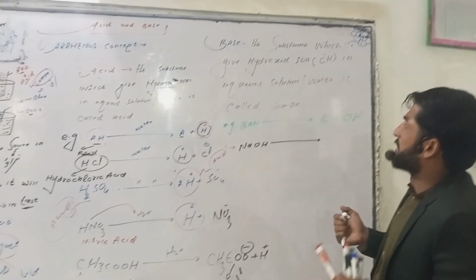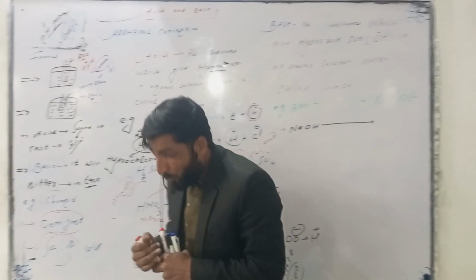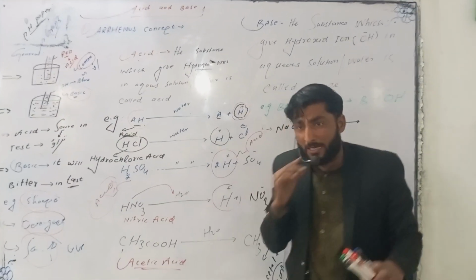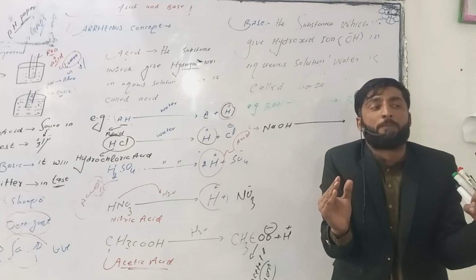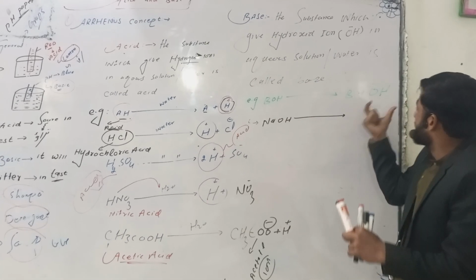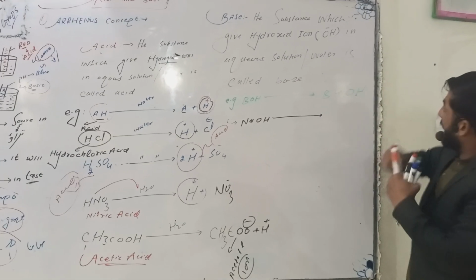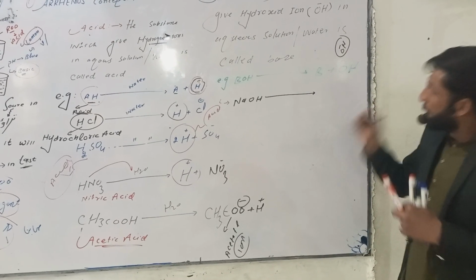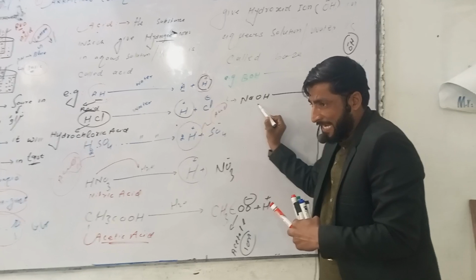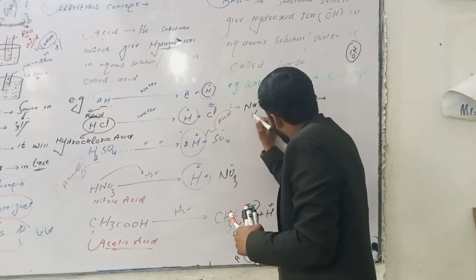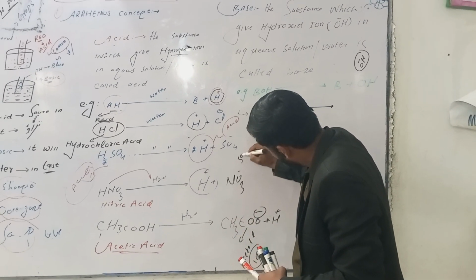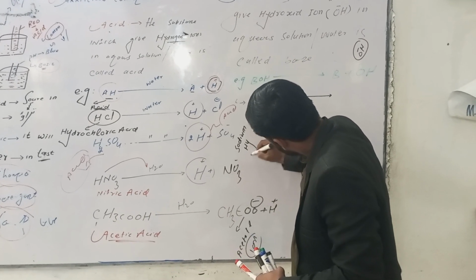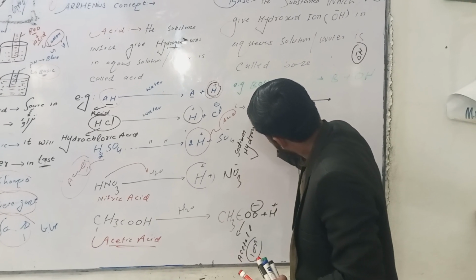The next example, let's go to the base. What does Arrhenius say about the base? Arrhenius said those substances which give us hydroxide ion, meaning OH ion, could be the base. For example, this is NaOH, sodium hydroxide.